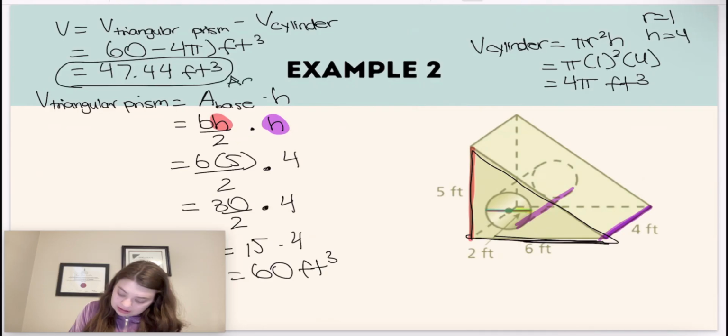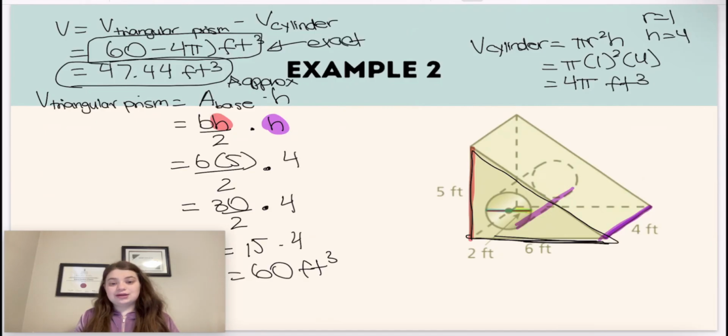So here's our approximate answer. And then this one up here is the exact answer. So if they ask for the exact answer in the question, you put the first one here, the 60 minus 4 pi cubic feet. If they ask for the approximate answer, we'll sub in 3.14 for pi, and we'll get the approximate answer is 47.44 cubic feet when we're rounding to the nearest couple of decimal places there.